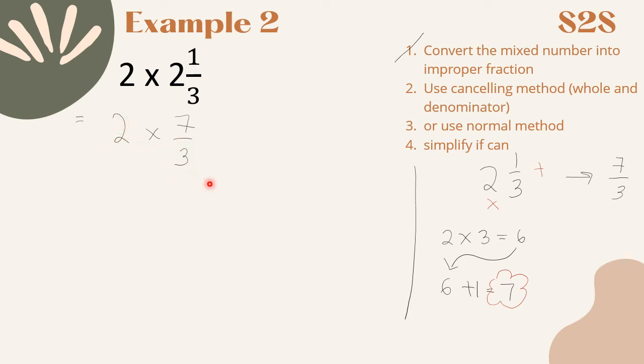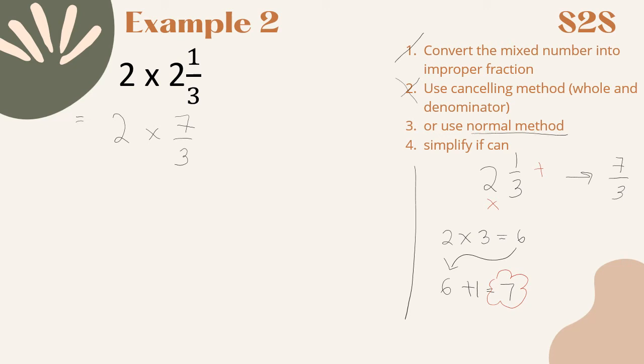So you have 2 and 3. Can you divide 2 and 3 using a same factor? Can you divide 2 divided by 2? Yes. 3 divided by 2? No, you cannot. So this is where the cancelling method is not applicable. So you move on to the normal method.